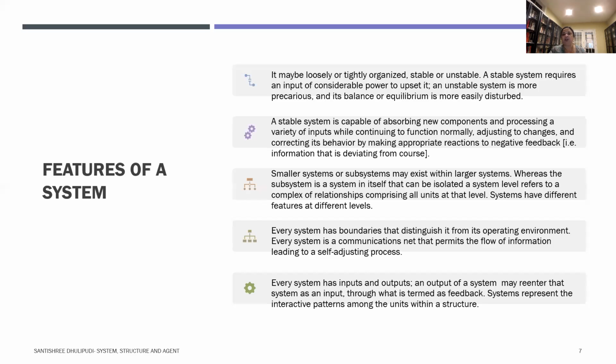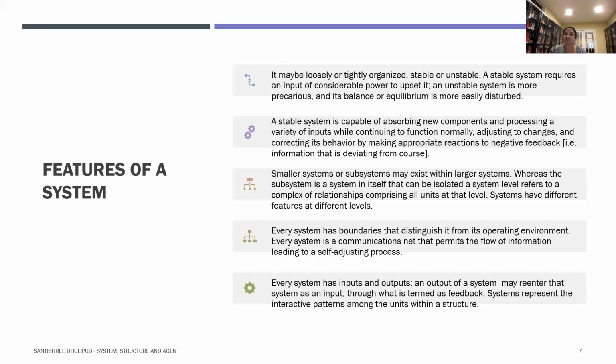It may be loosely or tightly organized, stable or unstable. A stable system requires an input of considerable power to upset it. An unstable system is very precarious, and its balance or equilibrium is more easily disturbed.